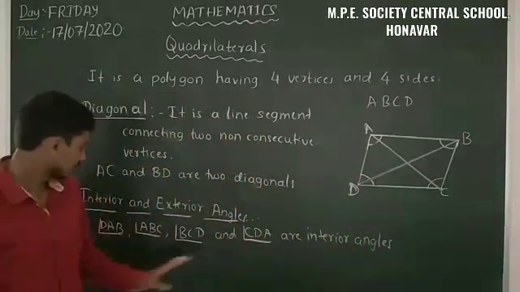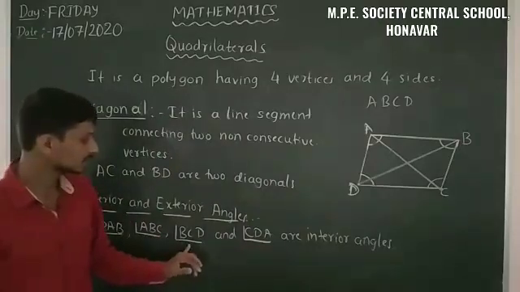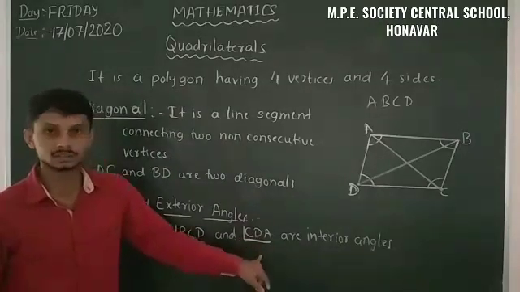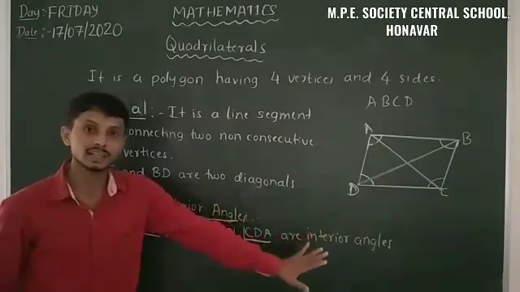So DAB, ABC, BCD, CDA, or we can take it as ADC also. Those are the interior angles here.